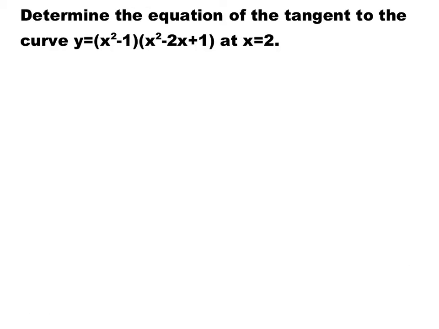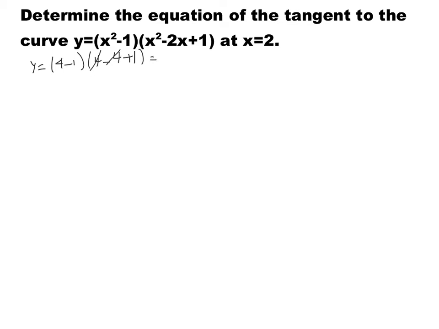The next question asks us to determine the equation of the tangent to the curve y equals x squared minus 1 times x squared minus 2x plus 1 at x equal to 2. First, when x is 2, we need to find the y-coordinate. So y is 2 squared, which is 4, minus 1, times 2 squared, which is 4, minus 2 times 2, which is 4, plus 1.